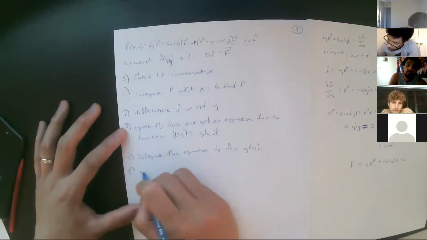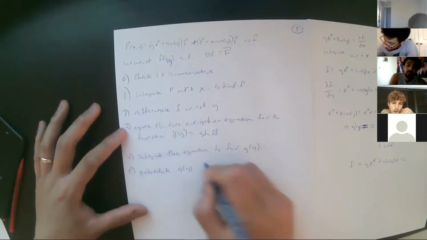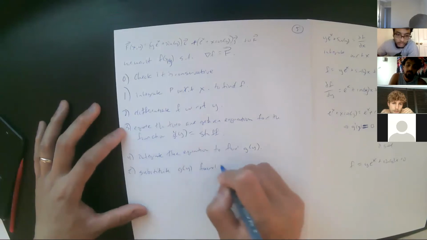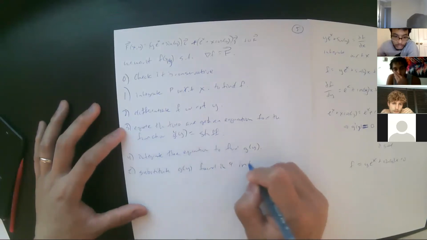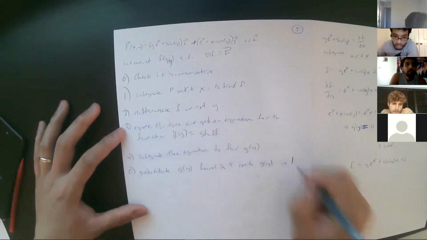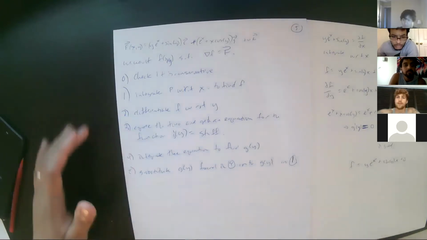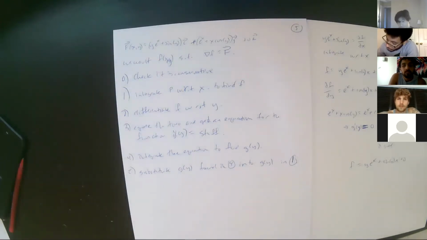Six, then substitute g of y found in 5 into g of y in 1. Okay. This is not the only way to do this, but this is the method we just followed.